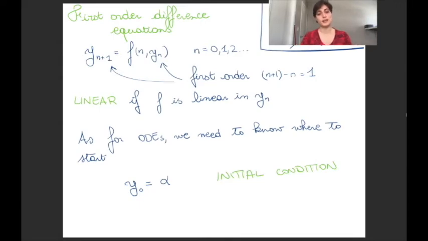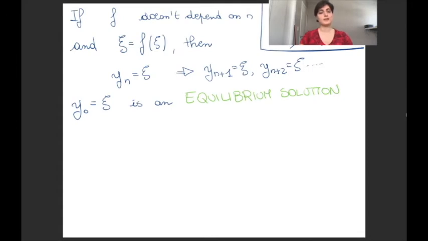As is the case for ODEs, also in difference equations we need to know where to start. So we have an initial condition that is usually y_0 equals some value alpha. If f doesn't depend on n, equivalent to autonomous systems, and we find a value xi such that xi is equal to f of xi, then if you put y_n equal to xi, y_{n+1} is going to be equal to xi, y_{n+2} is going to be equal to xi.